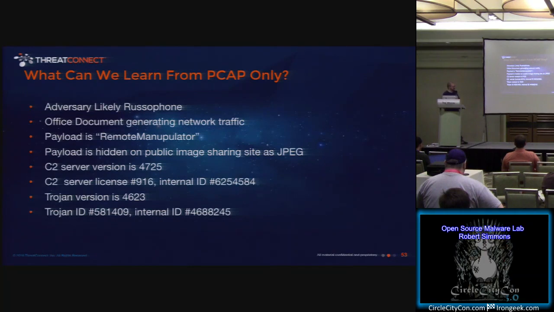Down here at the bottom is the stuff that I gleaned from that XML traffic. As you can see, they're not too smart because they left a lot of very unique information about both the malware implant and the C2. You have C2 server version, C2 server license number, C2 internal ID number, Trojan version number, Trojan ID number, internal ID number.